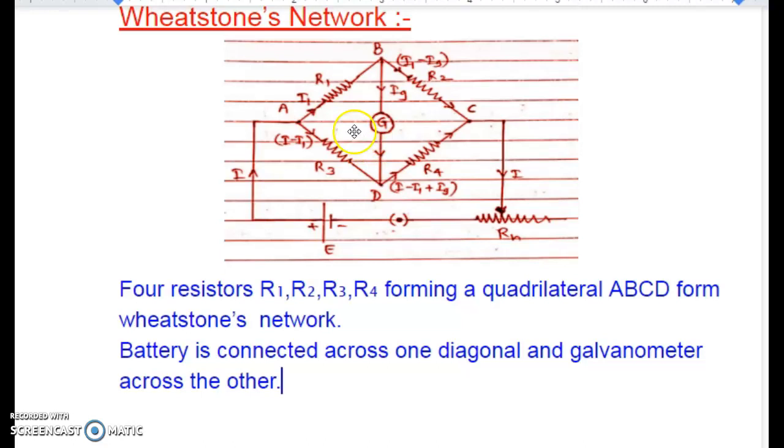Only in that particular case, the potential difference across R1 and R2 will be matching with the potential difference across R3 and R4, and in that case you will have your Wheatstone's network balanced.